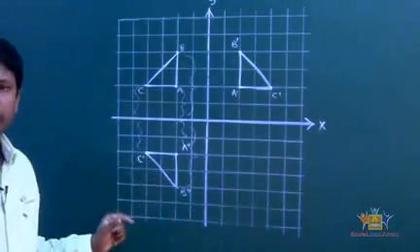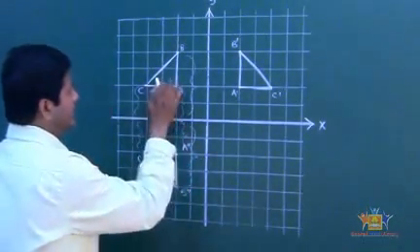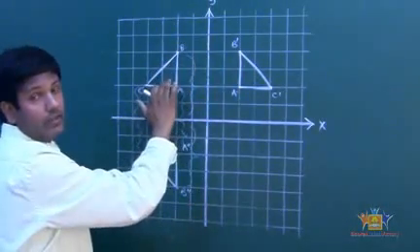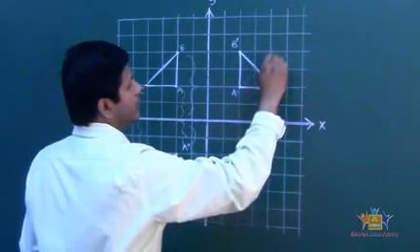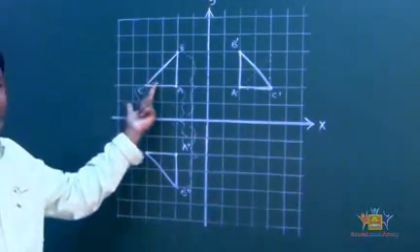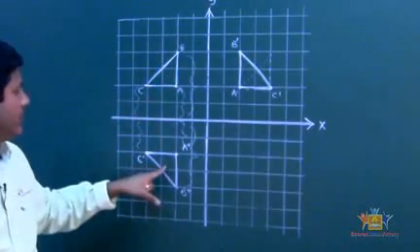Because you notice that from our translation, what happens? If I move it this way, the image of this object will be this way. But reflection is laterally inverted.